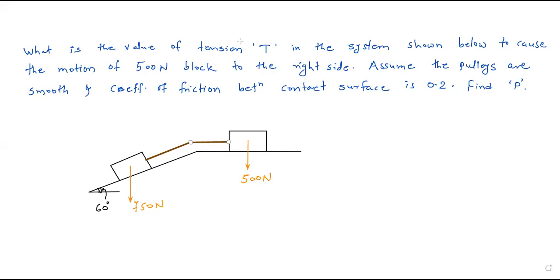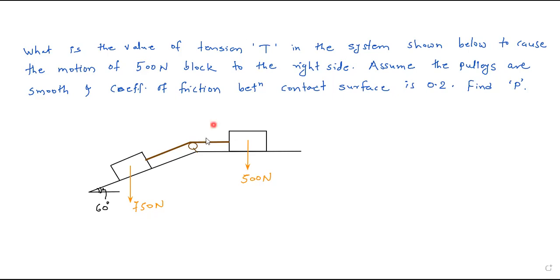And it is passed over a pulley. So I will draw here the pulley. This is the pulley. And this pulley is smooth, so there is no friction. Actually, in practice, there is a friction between rope and pulley.